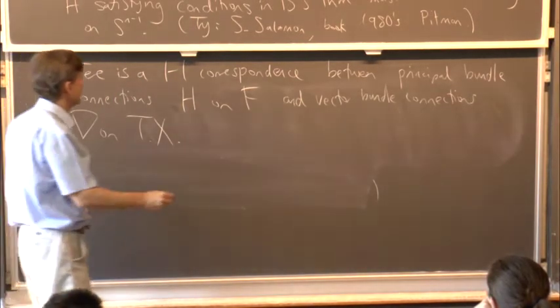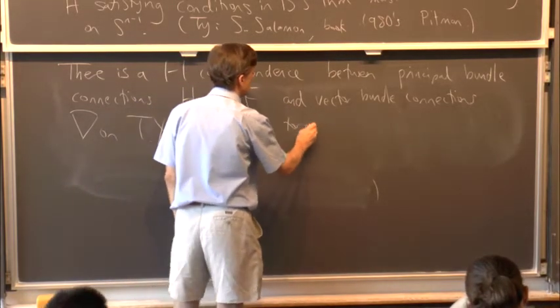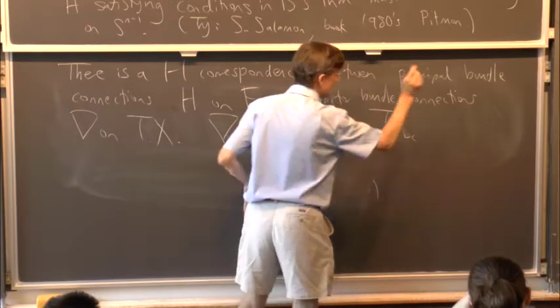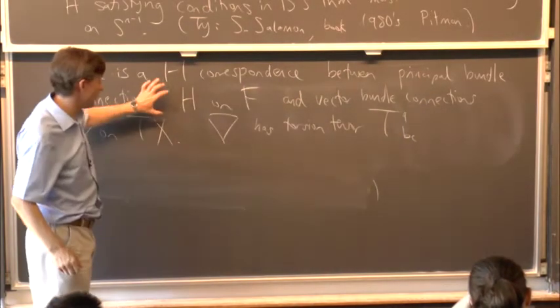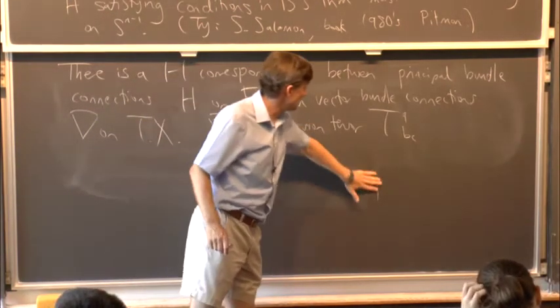And nabla has a torsion tensor T^a_bc. So therefore any connection H on F also has a torsion tensor T^a_bc.